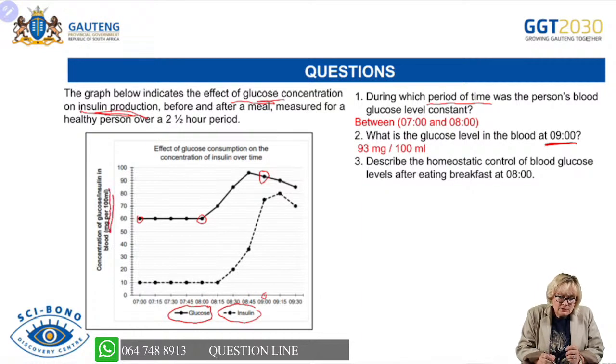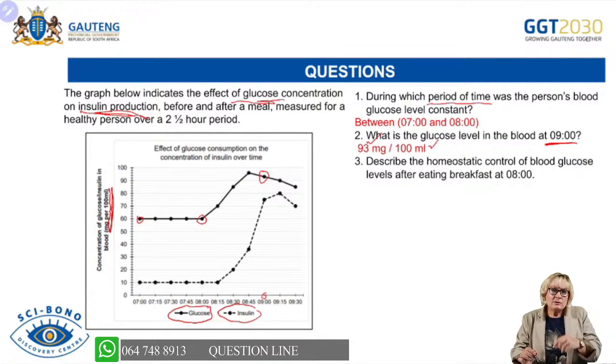And that is the unit that you must also use in your answer. So it's 93 milligrams per 100 milliliter. All right, and normally in the exam or in a test, we will give you 1 mark for the value and we will give you 1 mark for the unit. So don't throw away that 1 mark for the unit. Make sure that you include that in your answer.